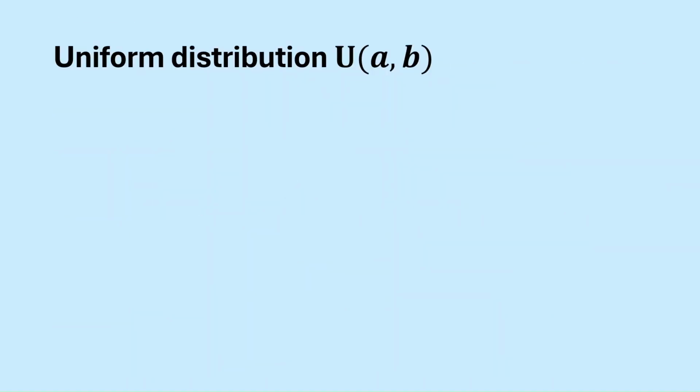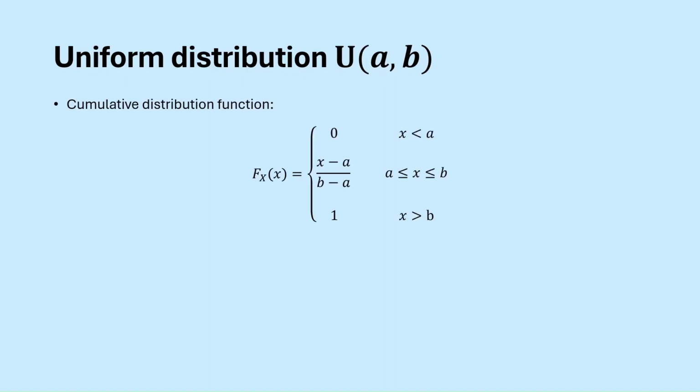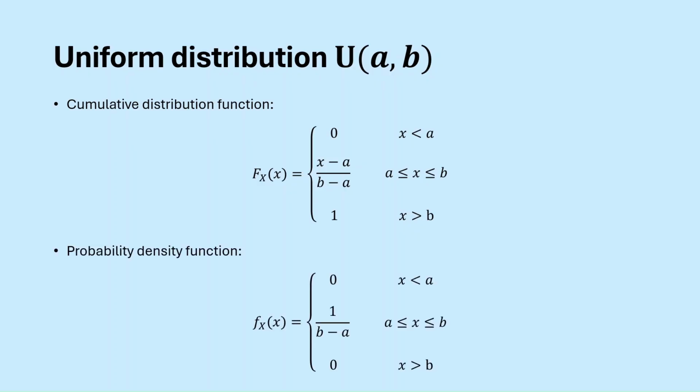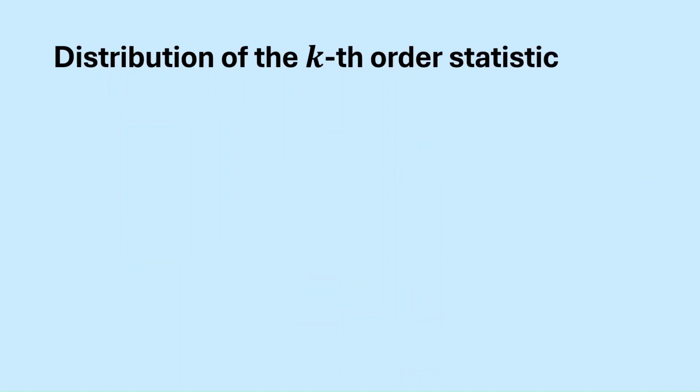A uniform distribution of parameters a and b can be characterized using its cumulative distribution function, which is the one you can see here, or we can also use the probability density function that you can see here. The kth order statistic will also follow some distribution, and there exist general formulas in terms of the CDF and the PDF of the distribution from where we obtain the original samples.